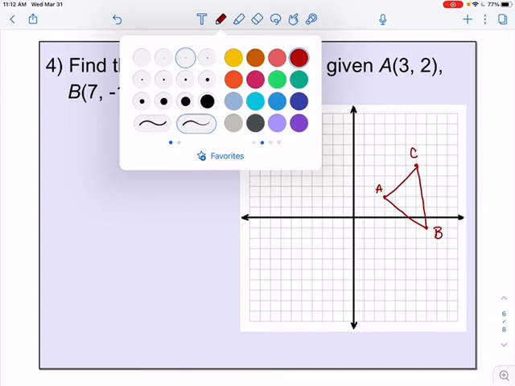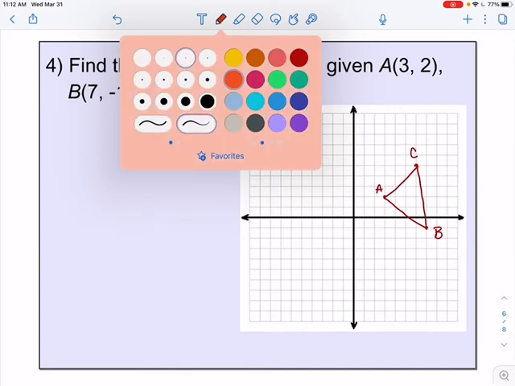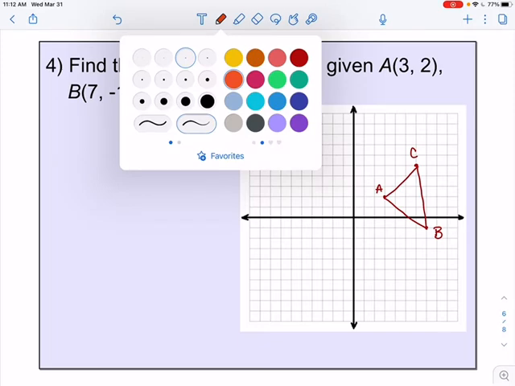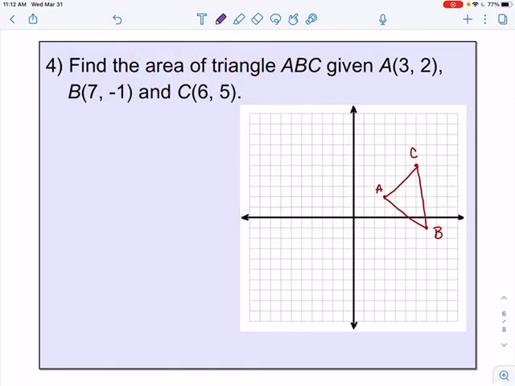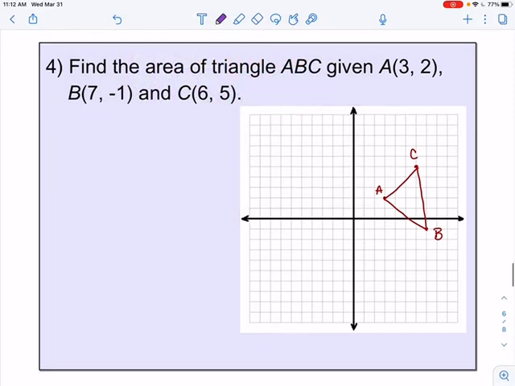And then you're going to see you'll end up having right triangles that are going to be easy to end up subtracting out. So what do I mean by enclose that in a rectangle? There is my rectangle. Okay, so what I'm going to do is find the area of that purple rectangle.